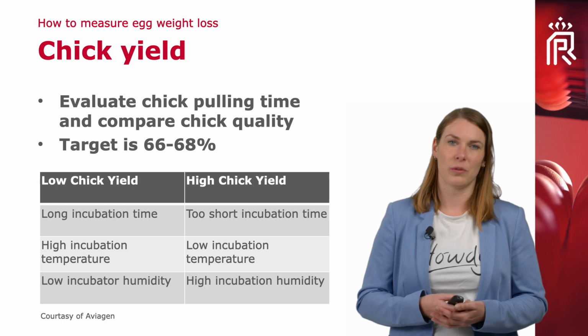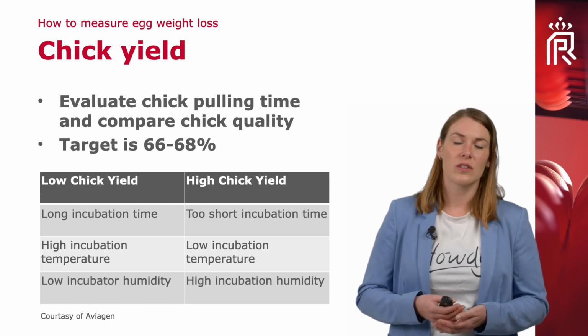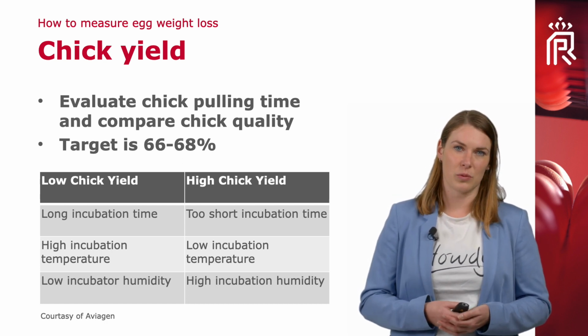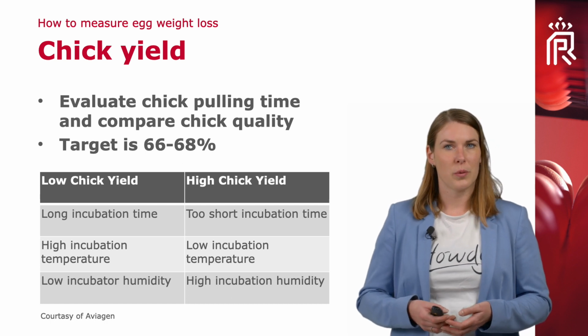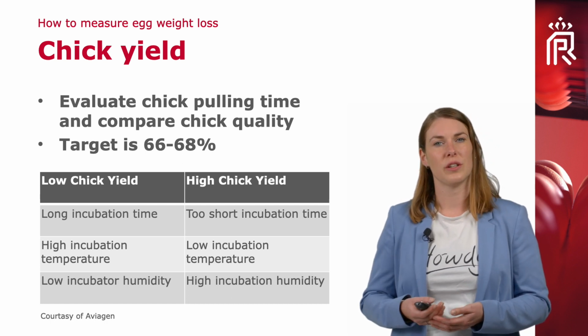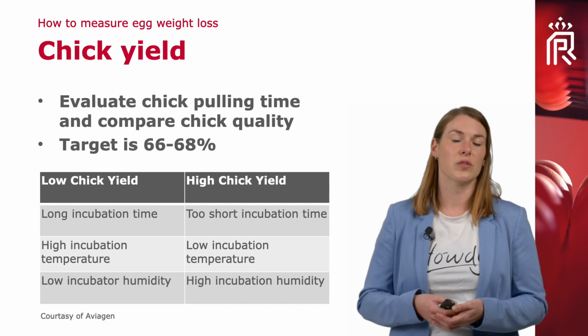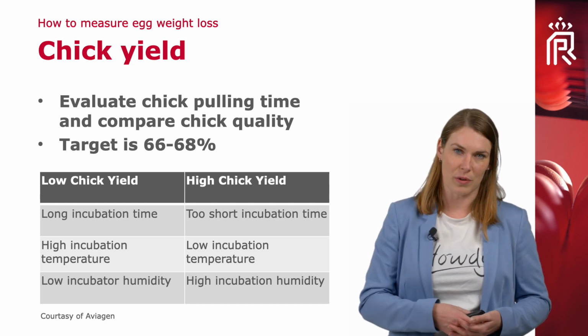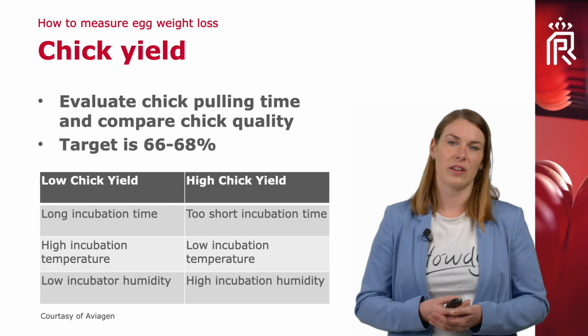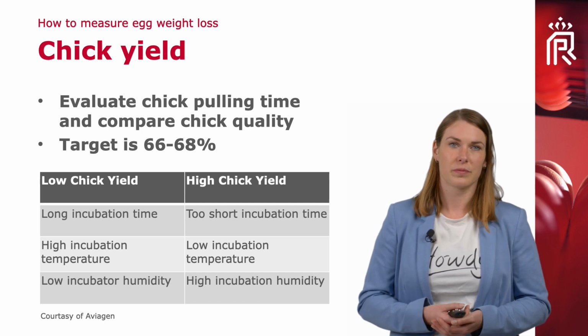However, we can play around with this target a little bit. So if we would know that the chicks would need a long transport time, we could pull these chicks a little bit earlier, or maybe increase the relative humidity in the setter already, so that we would get a higher chick yield.